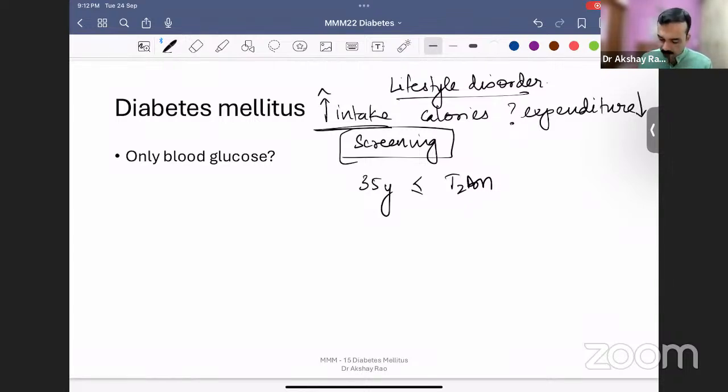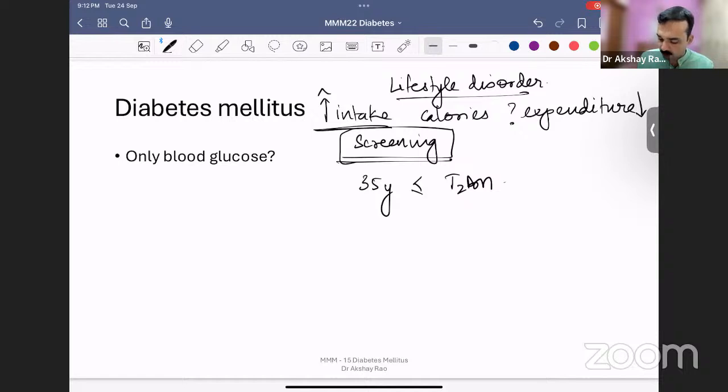Screening does not apply to symptomatic patients, who are undergoing testing because they have symptoms. Screening is without symptoms. If a person is 35 or above, even if they don't have symptoms, they should undergo testing. That is screening for diabetes.